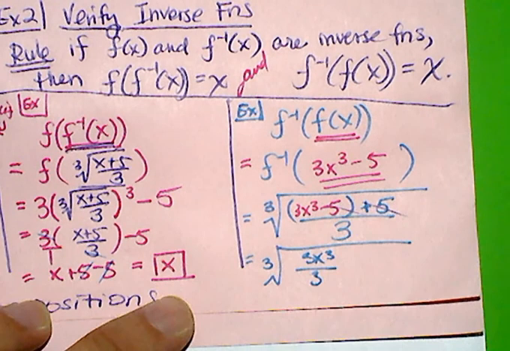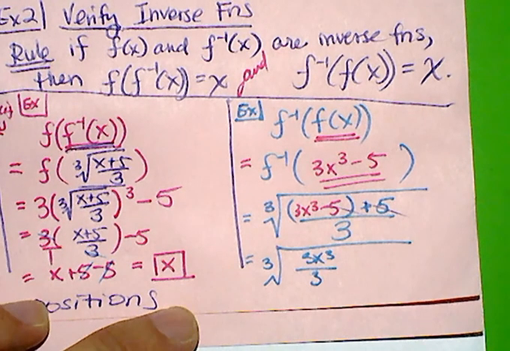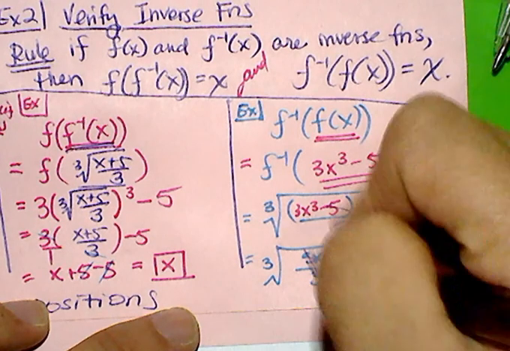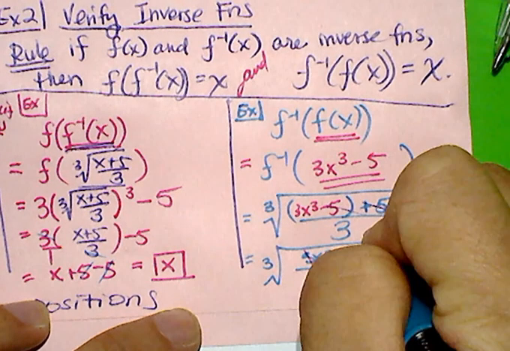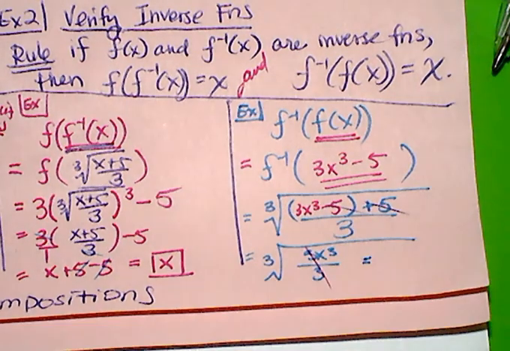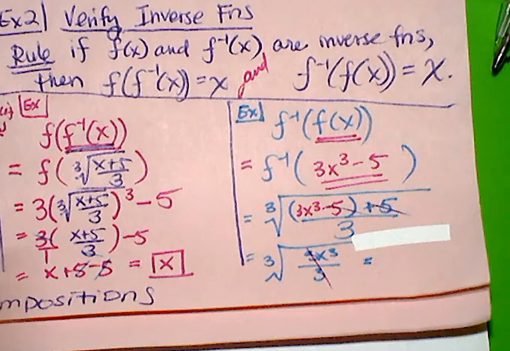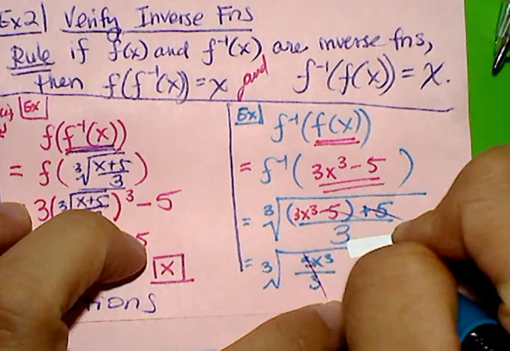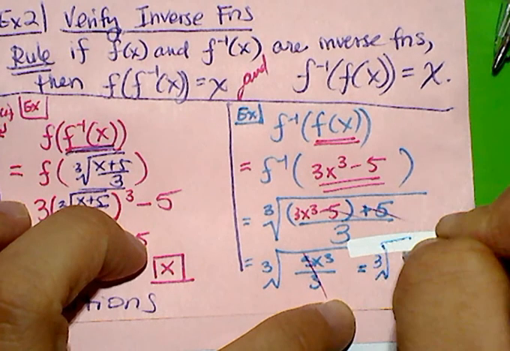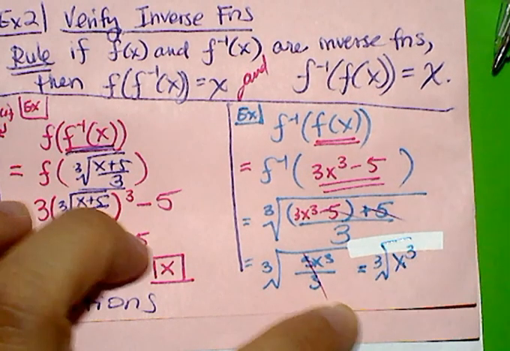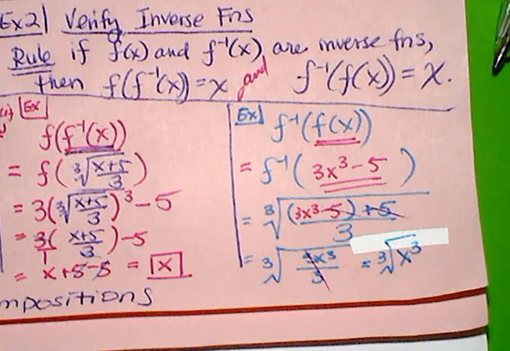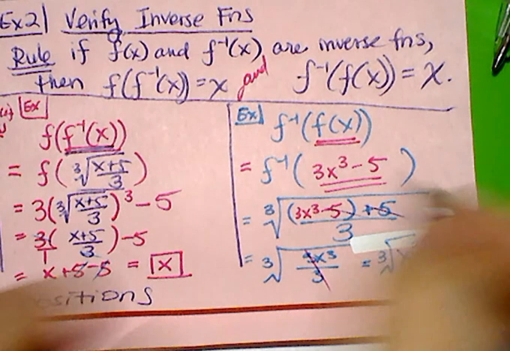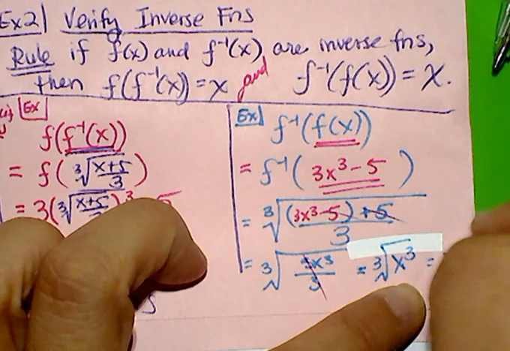Well, what's 3 divided by 3? 1. Cancel out. So now I have the cube root of x cubed. And what is the cube root of x cubed? They undo. The baby came back.